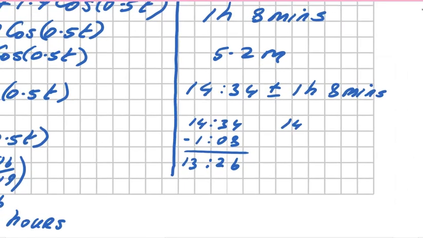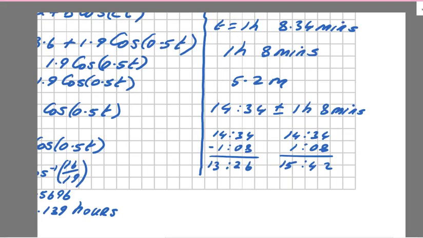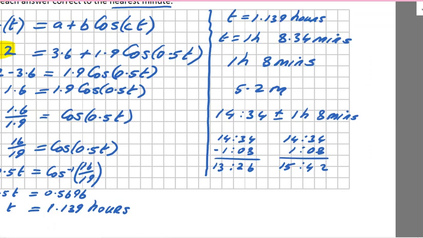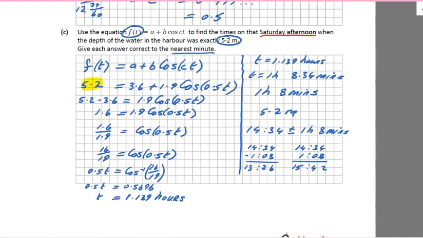So it's 14:34 plus 1:08, 8 and 4 is 12, 1 and 3 is 4, 14 and 1 is 15. And they are the two answers, 13 hours 26 minutes and 15 hours and 42 minutes. And that's the end of this question.